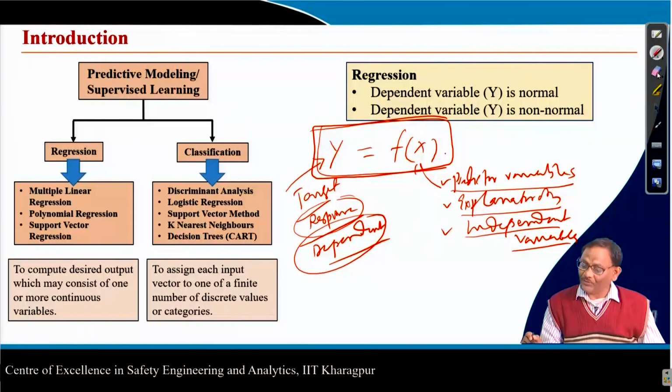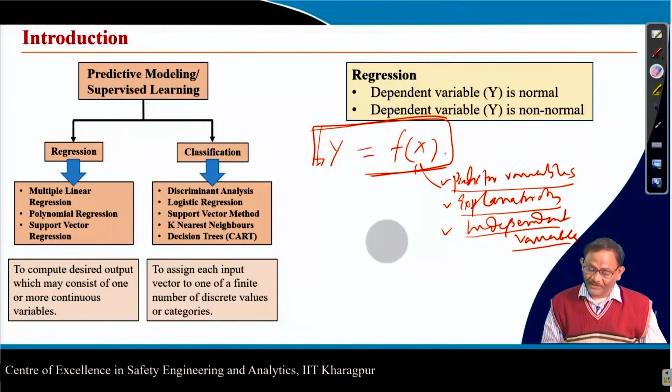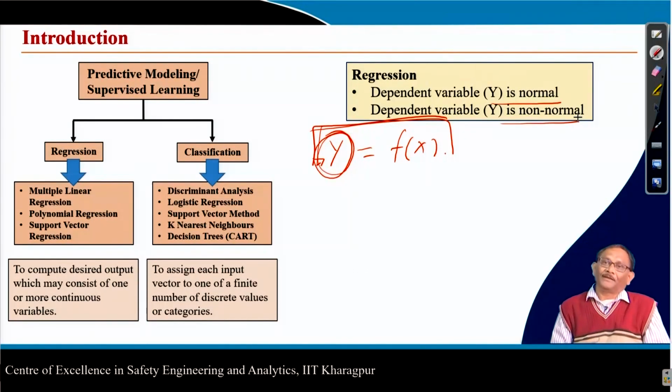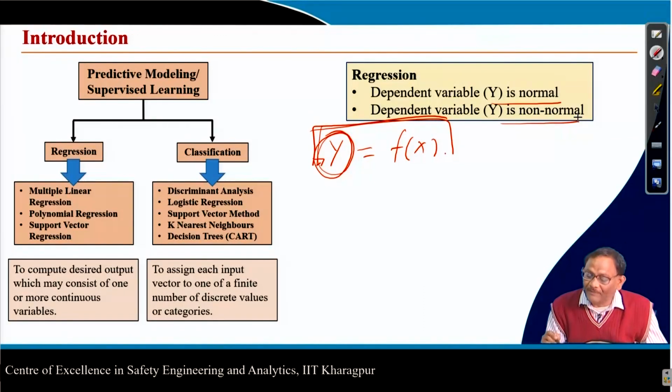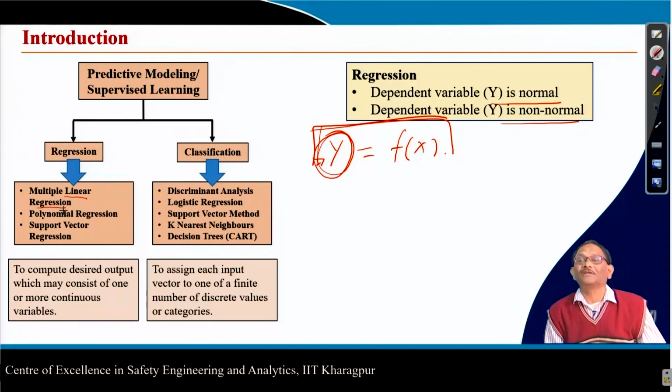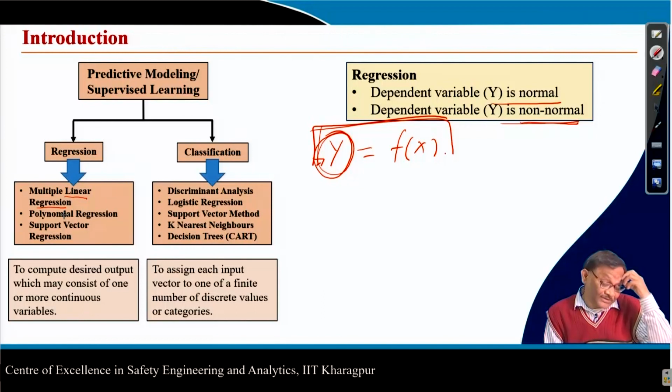But when we try to develop a regression or classification model, the issue is that y is a random variable, it can be normally distributed, or may be non-normal. If it is normally distributed, then multiple linear regression is a fantastic choice. But if it is non-normal, then you will not be able to use multiple linear regression, because the error variable should be normally distributed.